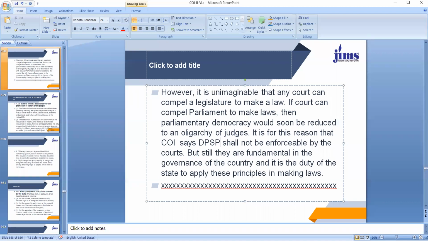But still directive principles are fundamental in the governance of the country, and it is a duty of the state to apply these principles in making laws. Whenever Parliament will make law, they will keep in mind the directive principles of state policy.